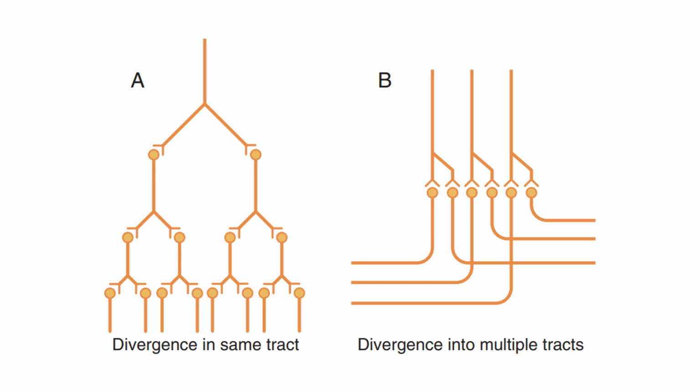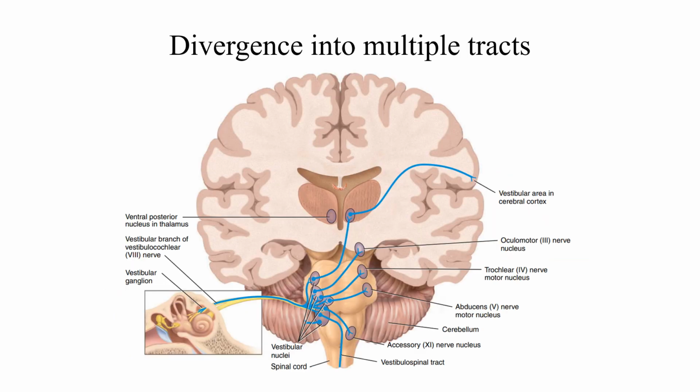So this is also an example of divergent circuits. This is again a divergent circuit. It can be within the same tract or into multiple tracts. This is an example of divergence into multiple tracts.